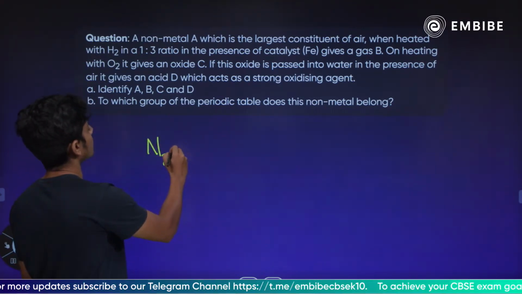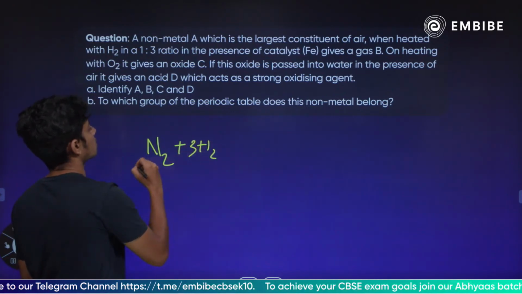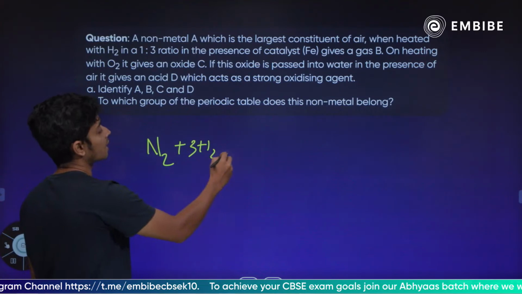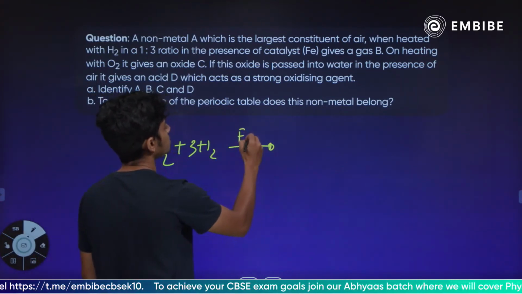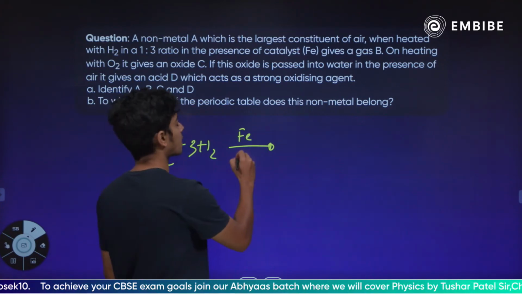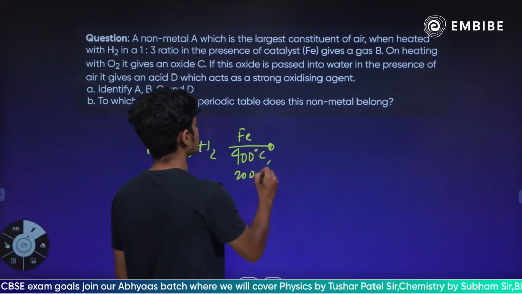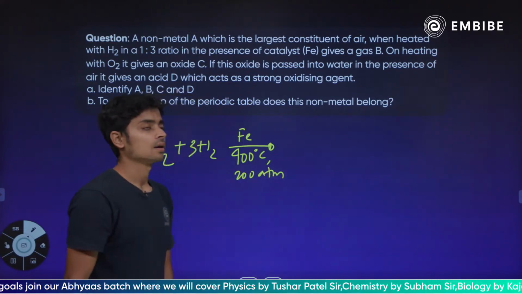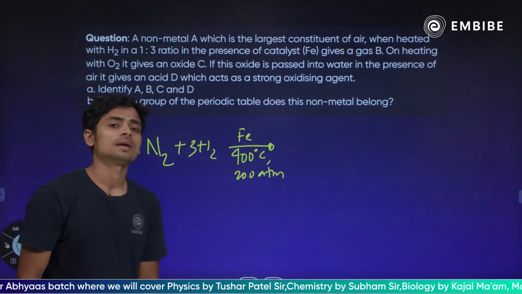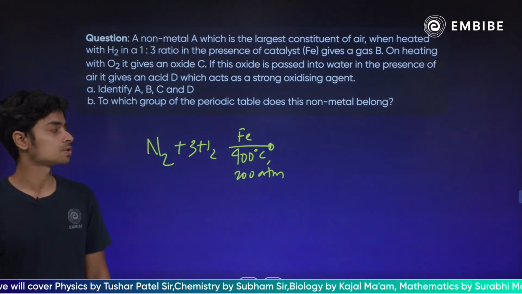Nitrogen heated with hydrogen, H2, in a 1:3 ratio, in the presence of a catalyst, iron. You also need a high temperature, 400 degrees Celsius, and high pressure, 200 atmospheres, for this reaction to happen. Atmosphere is a unit of pressure, like Pascal is a unit of pressure.